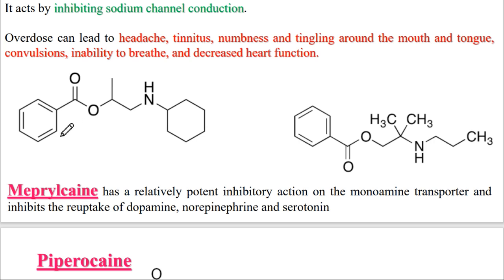So this is the general structure of your local anesthetics, and you can compare. This is your hexylcaine, and this is meprylcaine, which has relatively potent inhibitory action. You can see the difference: here it has one CH3, and here it has an extra CH3.